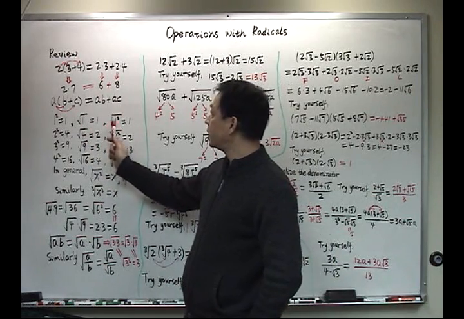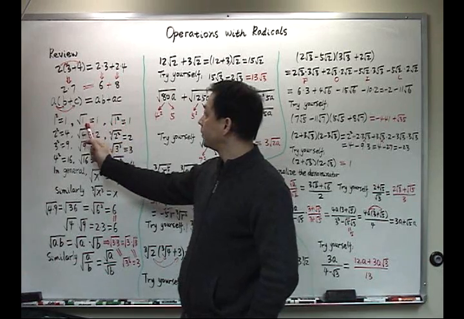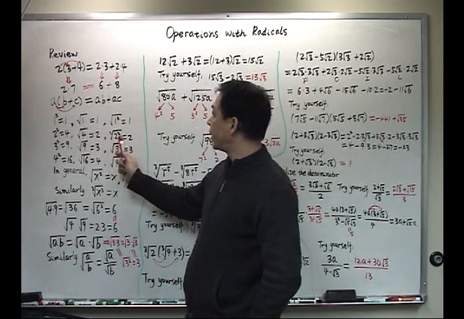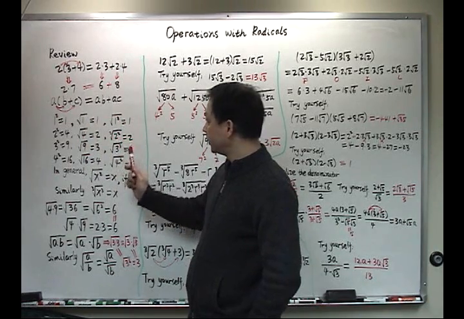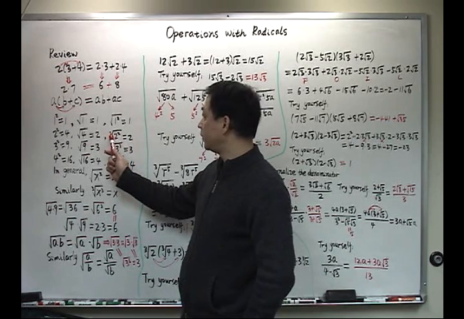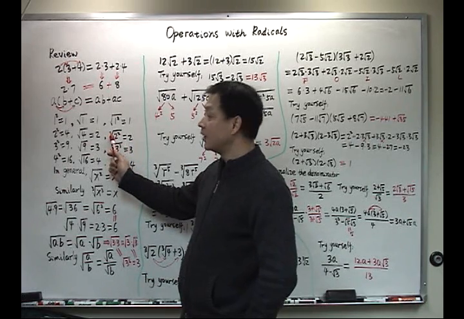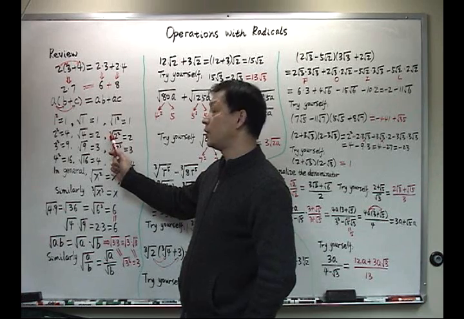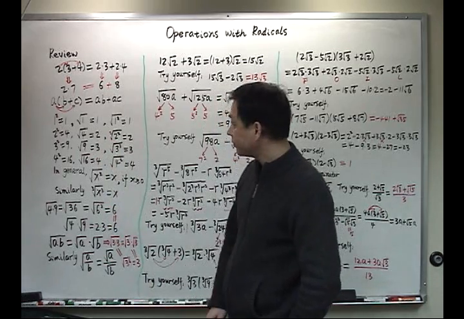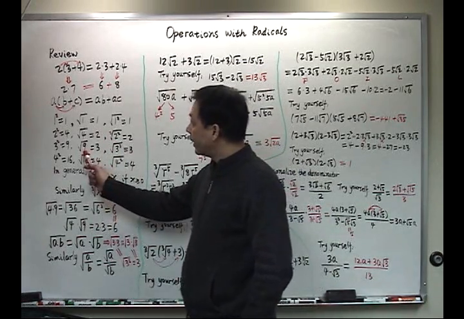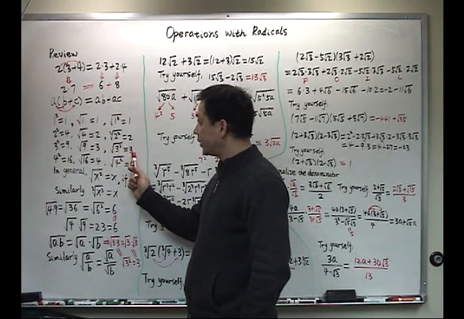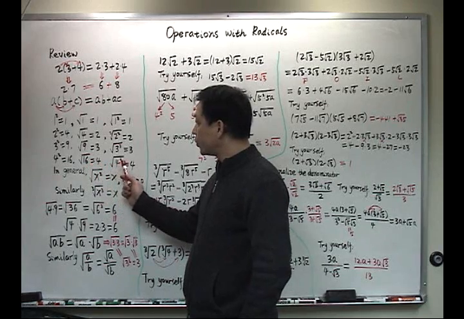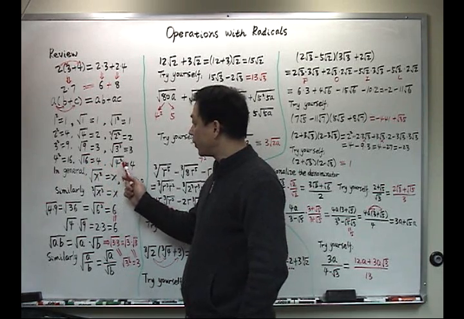So you can write radical 1 squared is 1. 4 is 2 squared. So you can write radical 2 squared is 2. Because you can also write 2 as our index. But in general, if it's 2 as our index, then we don't need to write it. Okay? 9 is 3 squared, so radical 3 squared is 3. 16 is 4 squared, so radical 4 squared is 4.